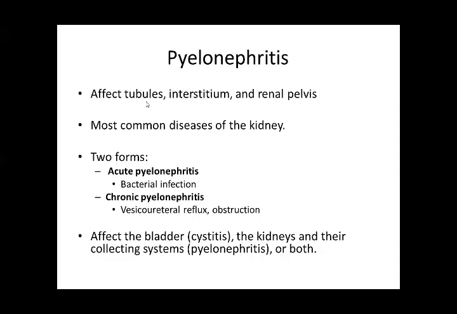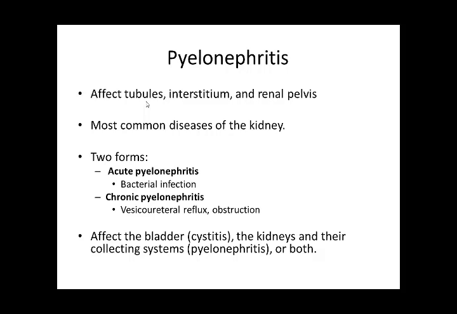Then we have acute and chronic. In the acute condition, it is just a bacterial infection. Bacterial infection can be because of some blood infection, like septicemia, right? Or it could be bloodborne, or it could have been introduced from outside. If there is a stone, it has injured the kidney and will also cause bacterial infection.